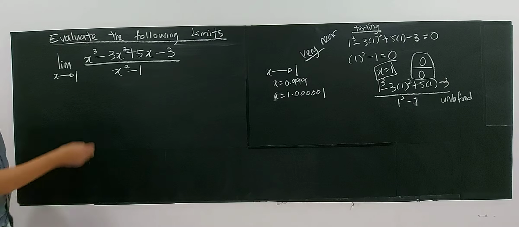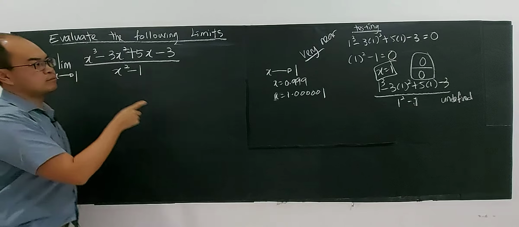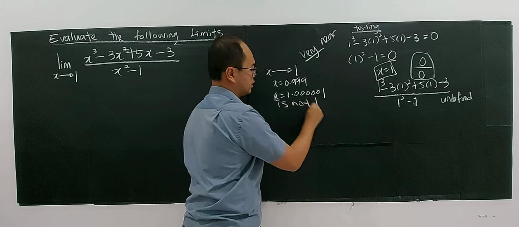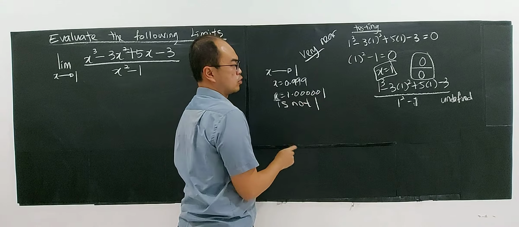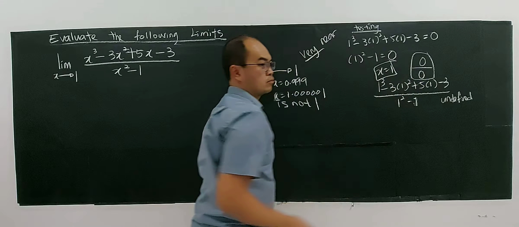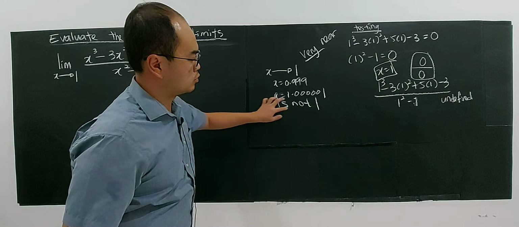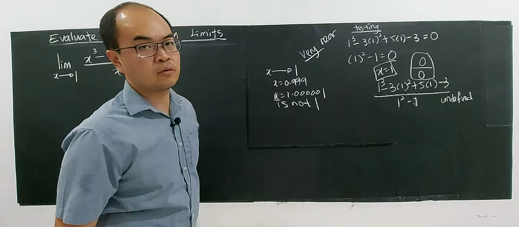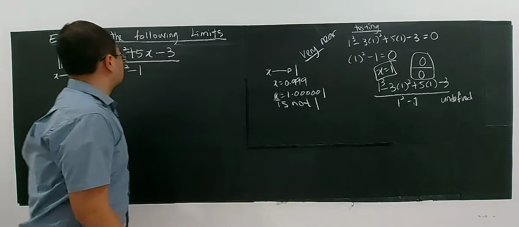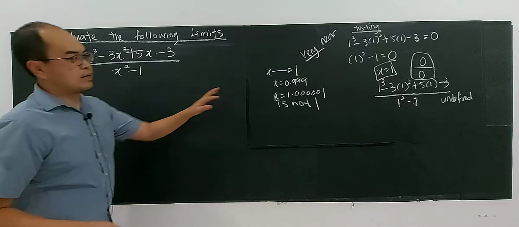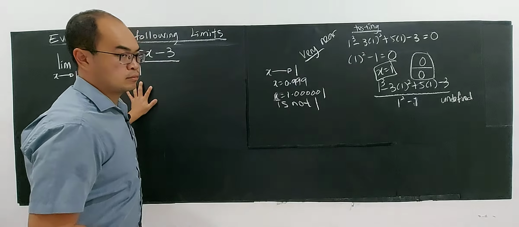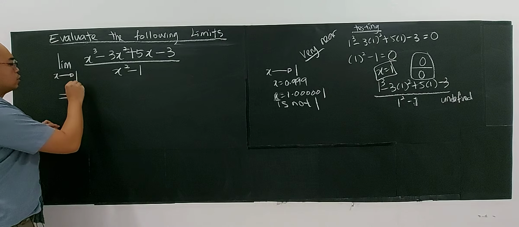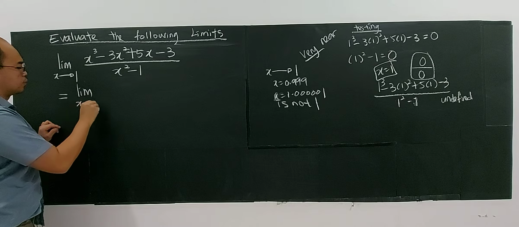When we are very near to 1, it's not 1, so it's not 0 over 0. If you put a value very near to 1, it's not 0 over 0. So in this type of case, we have a value. It's defined.